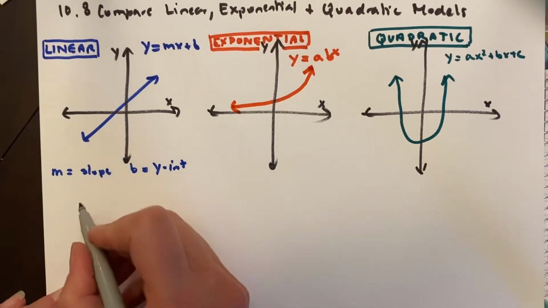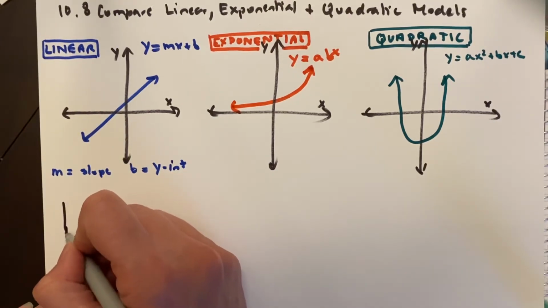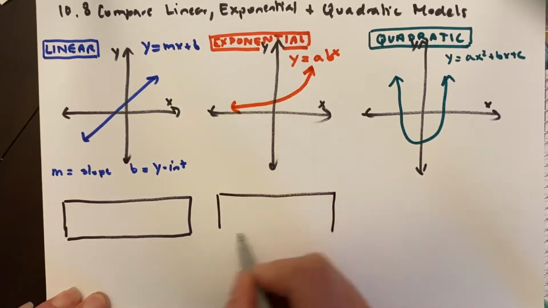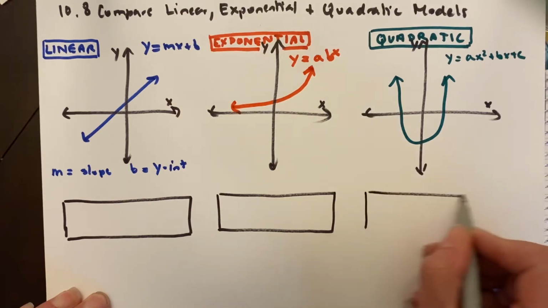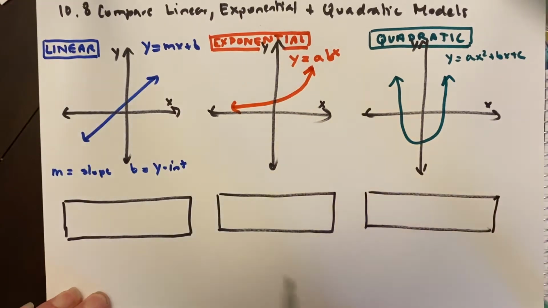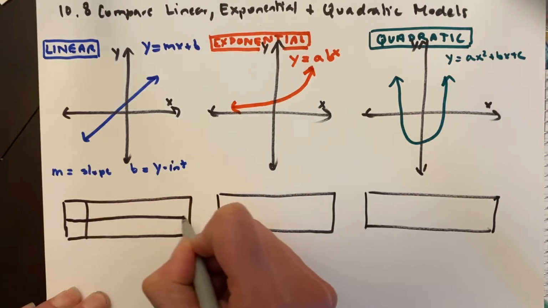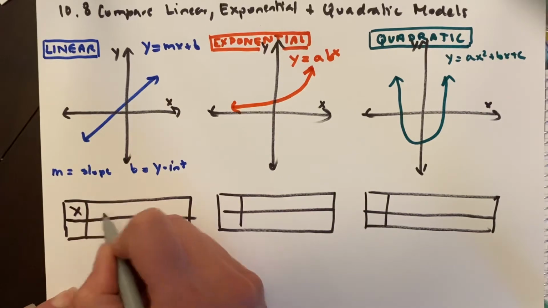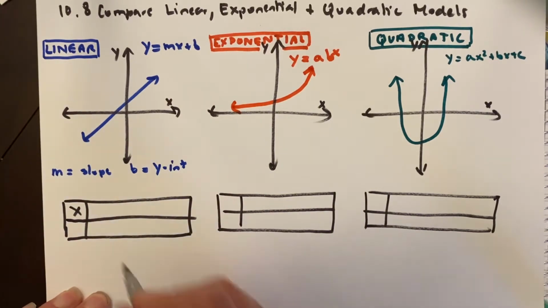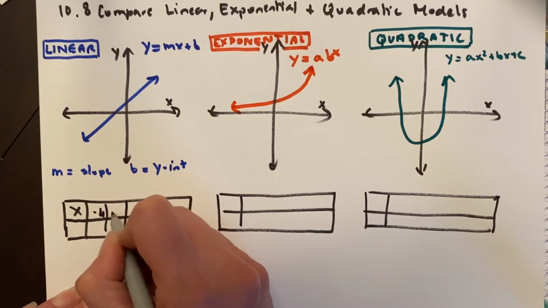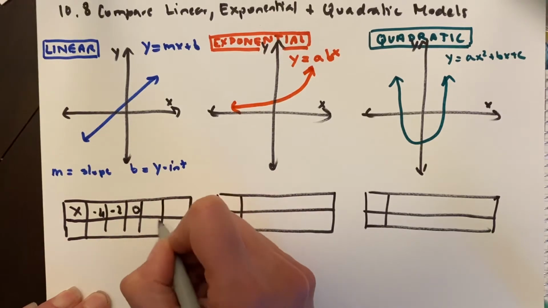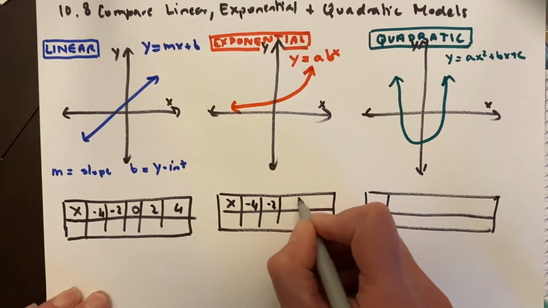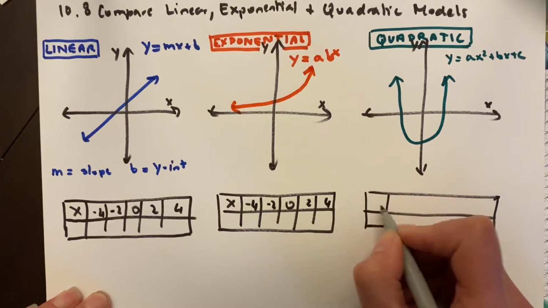Okay, so in all cases, I'm going to draw a table. And I'm going to use the same x values for each type. So my x values are going to be -4, -2, 0, 2, 4.